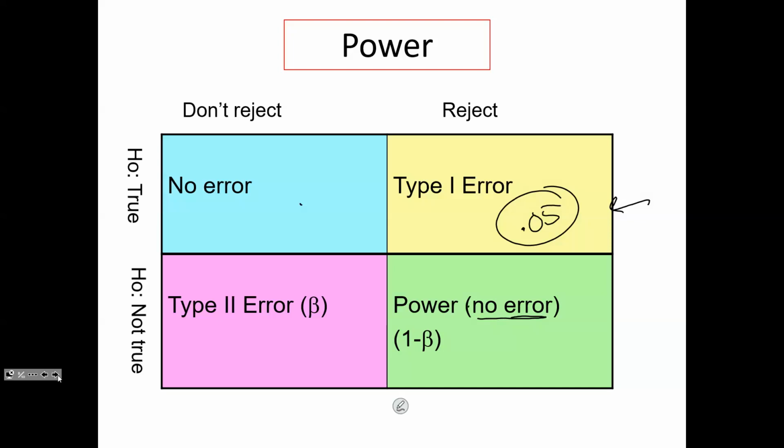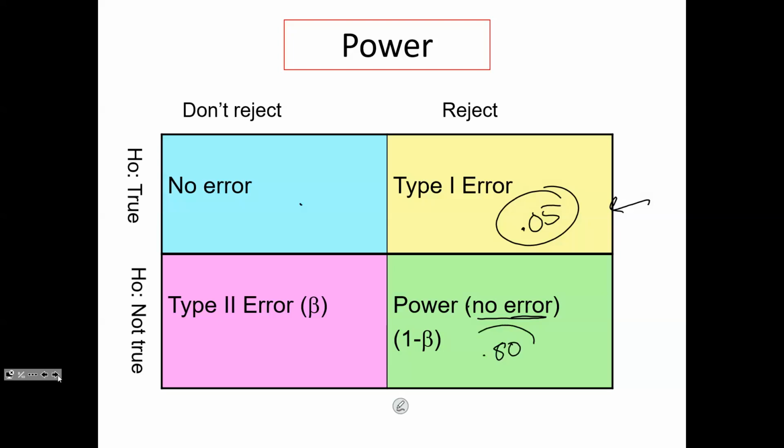I either make an error or I don't make an error. And so does anybody know what's the standard that people set for power analysis? Because power, again, is 1 minus beta. You're supposed to be powered at what level? 0.8, right? That's exactly right.